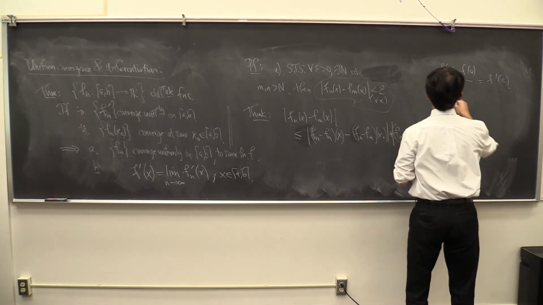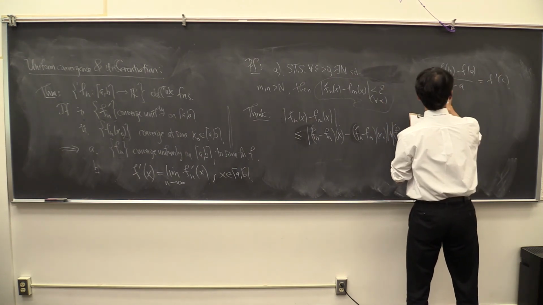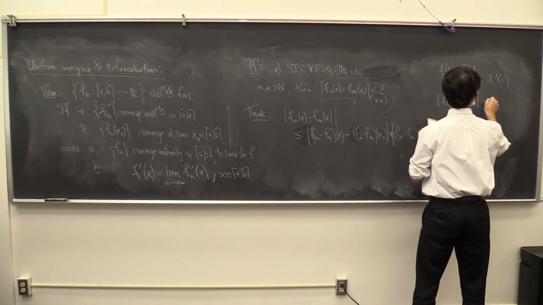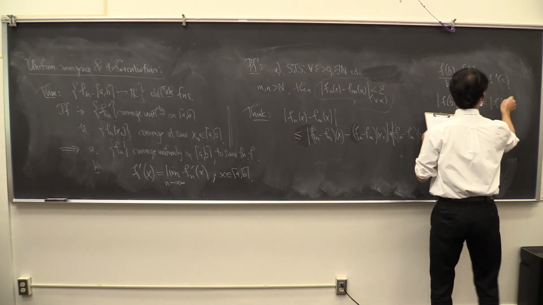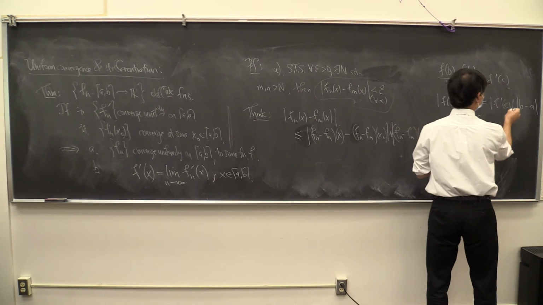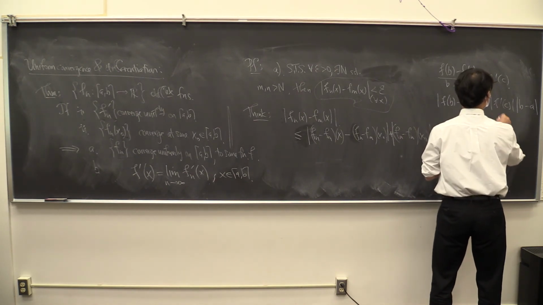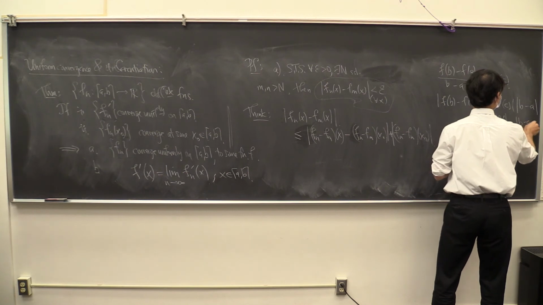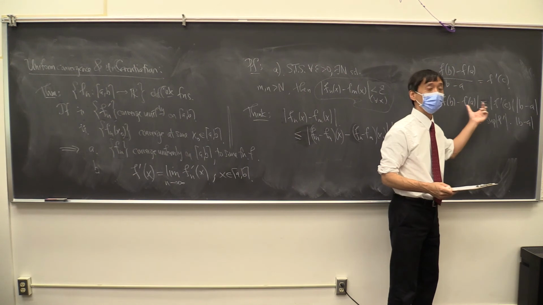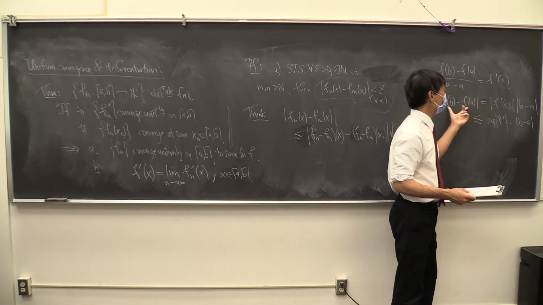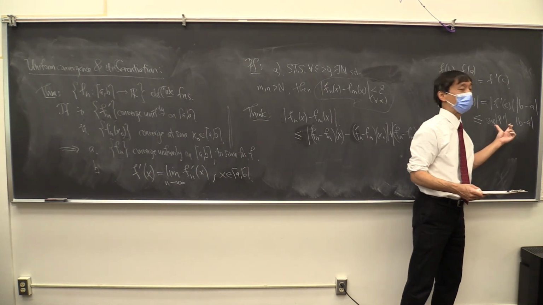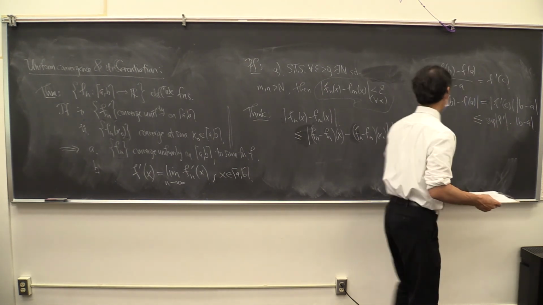But in terms of size, the mean value theorem tells me that the size of this is controlled by the supremum of f prime times this, right? And this is just a position and velocity statement. The change in position is controlled by the change in time times the maximum velocity, maximum speed, right?